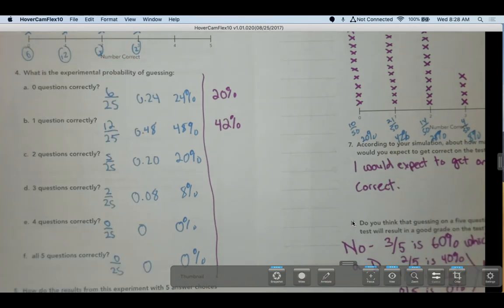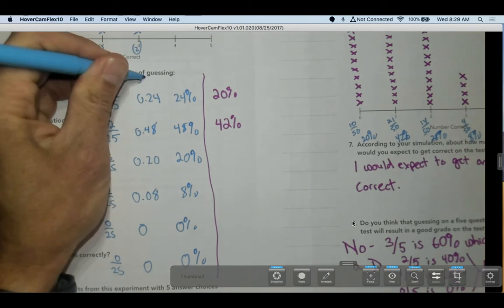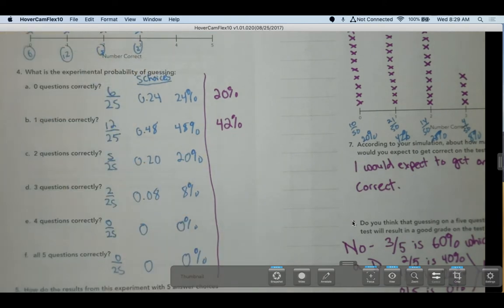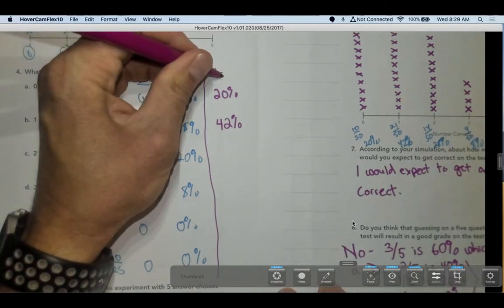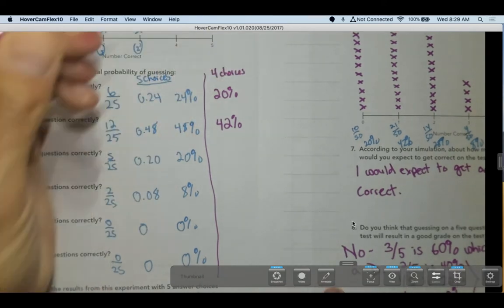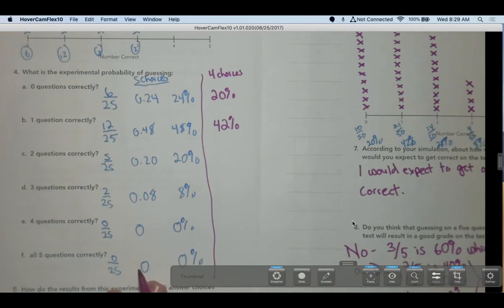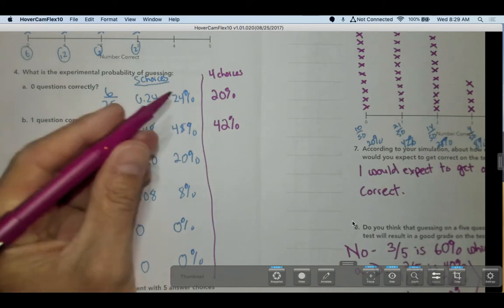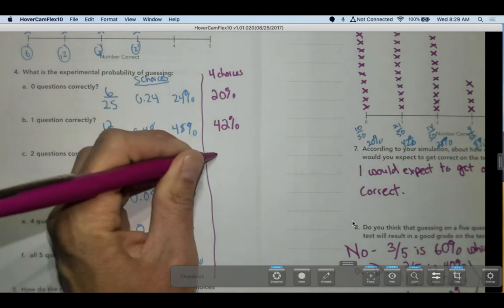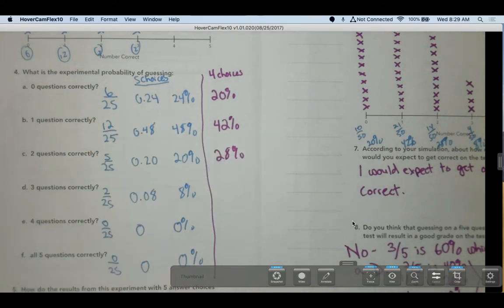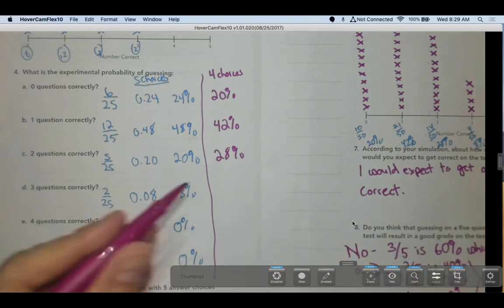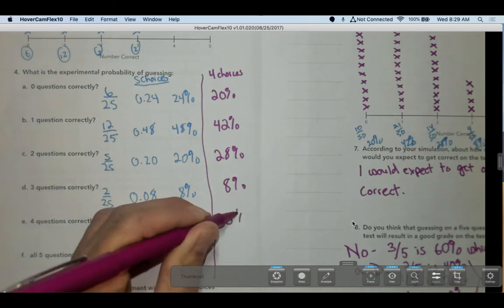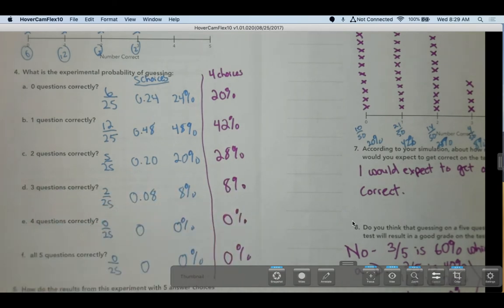So 5 choices here, A, B, C, D, and E. And then here is my 4 choices, like the warm-up from yesterday. 4 choices, so it's A, B, C, D. Then 2 questions correctly was 28%. And then for 3 questions correctly, it was 8%. And the other 4 and 5 were also 0% for both days.